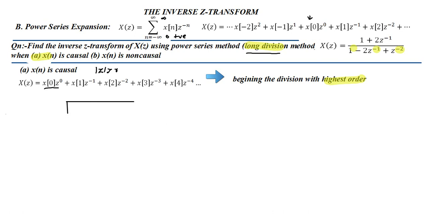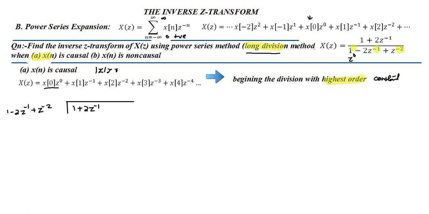Here the constant term is the highest, because it is z raised to 0, so we start with the constant term. I'll rewrite this equation: I need to divide 1 by 1 minus 2z raised to minus 1 plus z raised to minus 2.